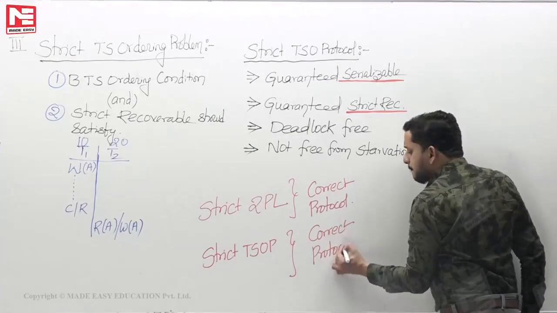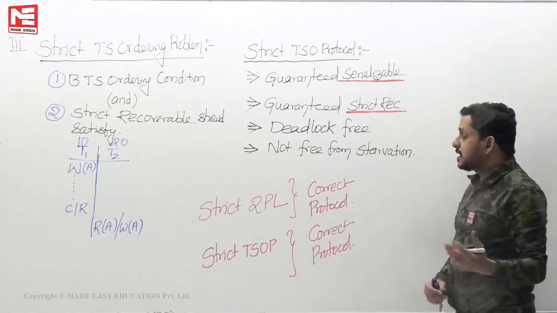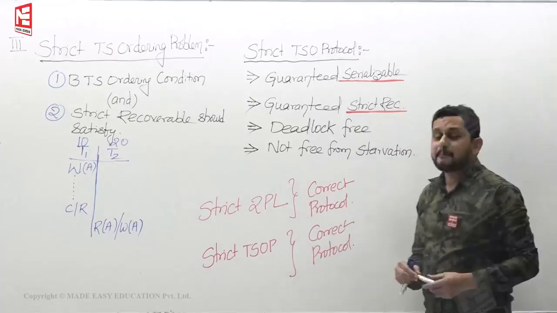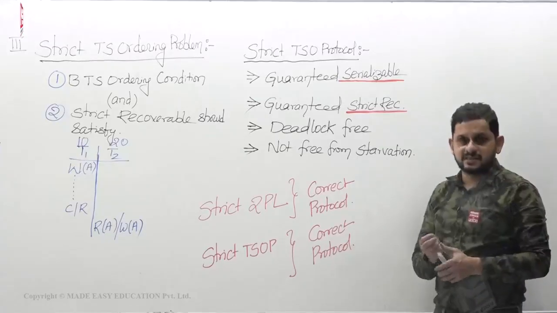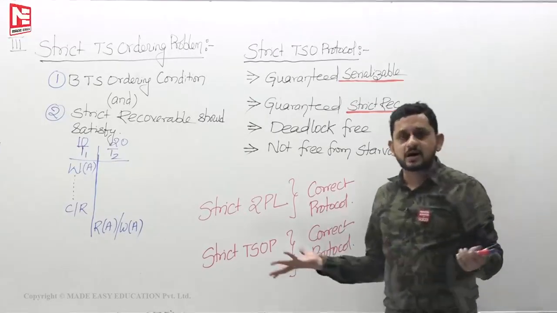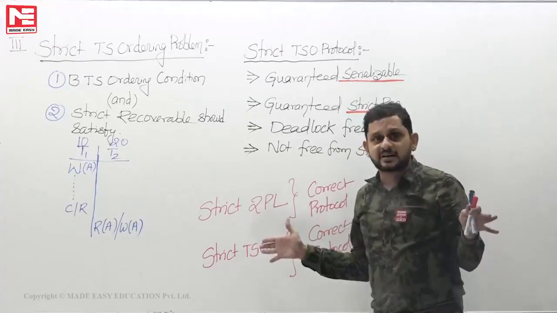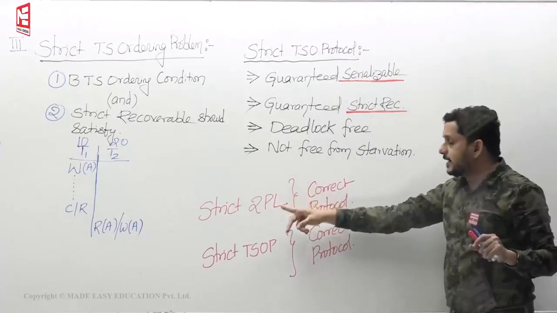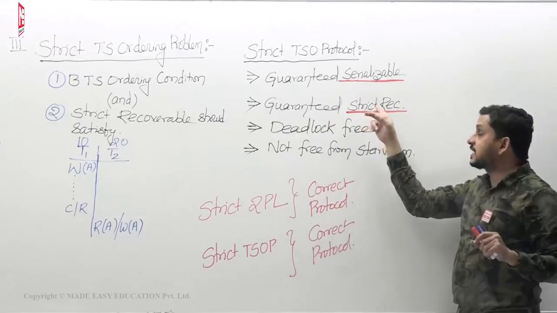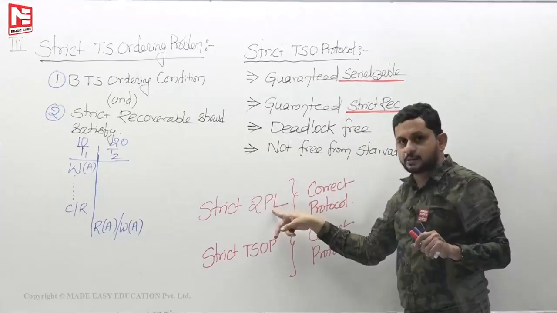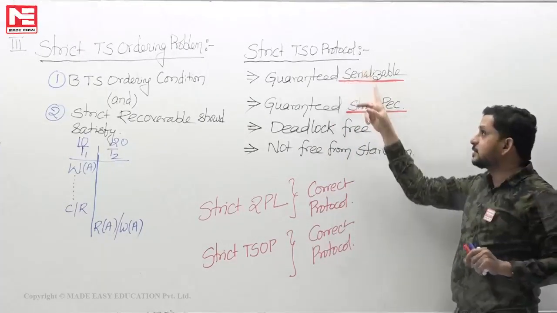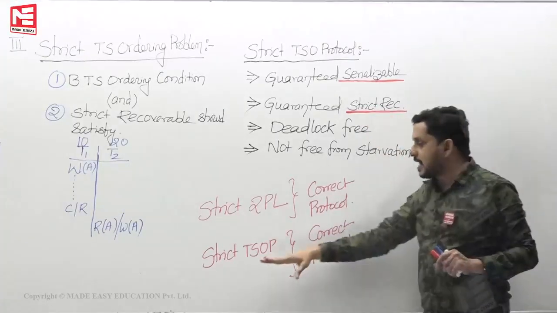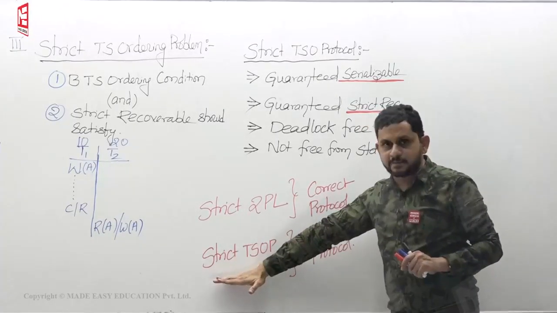Even though minor issues occur because of starvation and so on, that does not cause inconsistency. Starvation and deadlock do not cause any incorrect result. So our main goal, serializability and strict recoverability, is guaranteed in strict 2PL and similarly in the strict timestamp ordering protocol.